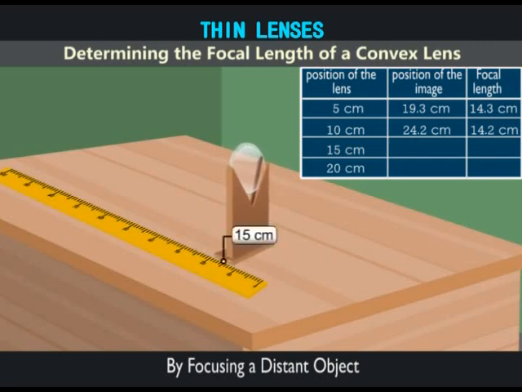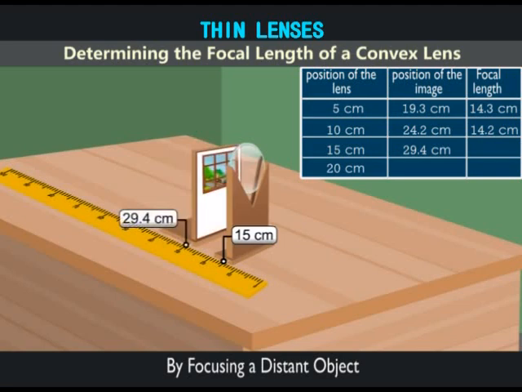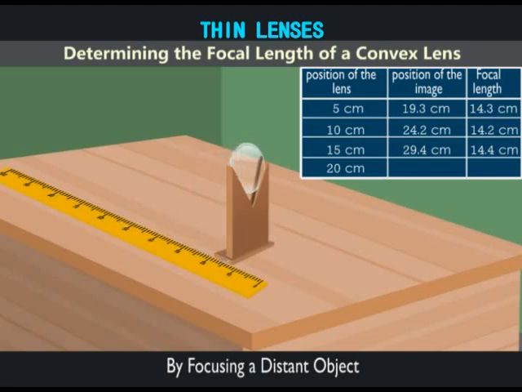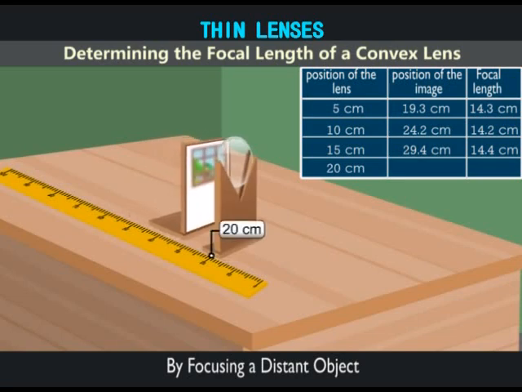For the 15 centimeters mark, the image is focused at 29.4 centimeters. So the focal length is 29.4 minus 15, which is 14.4 centimeters. And for the 20 centimeters mark, the image is focused at 34.4 centimeters. So the focal length is 34.4 minus 20, which is 14.4.